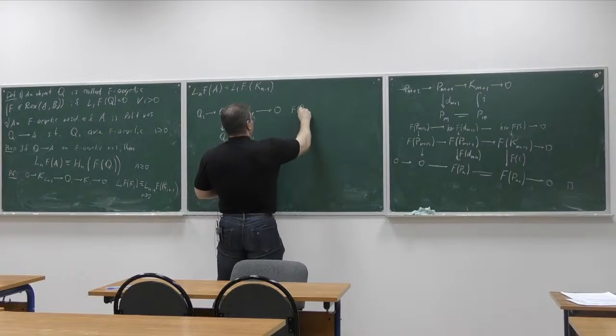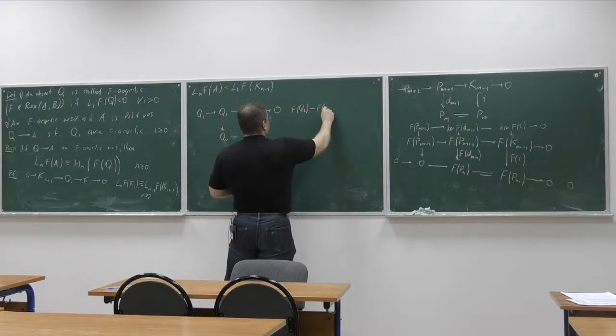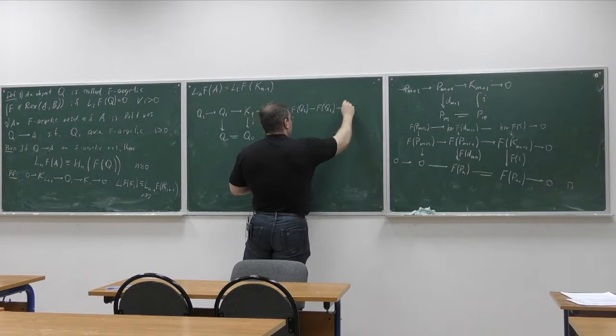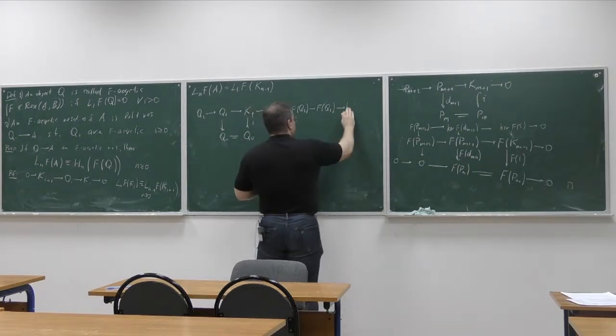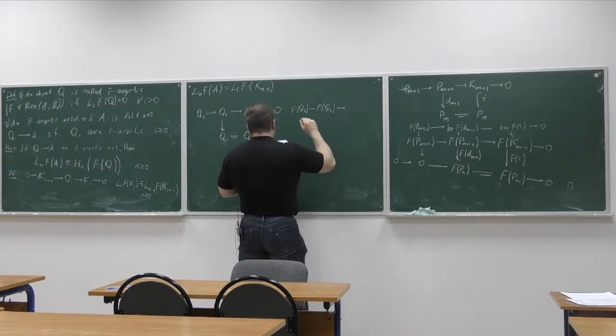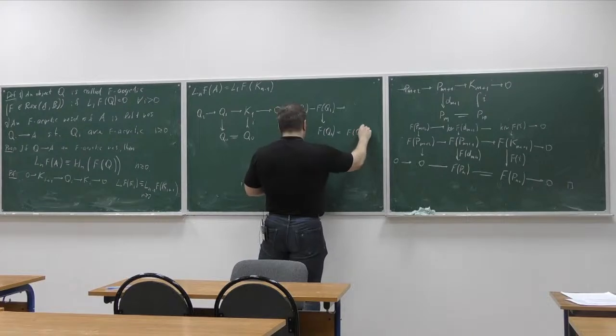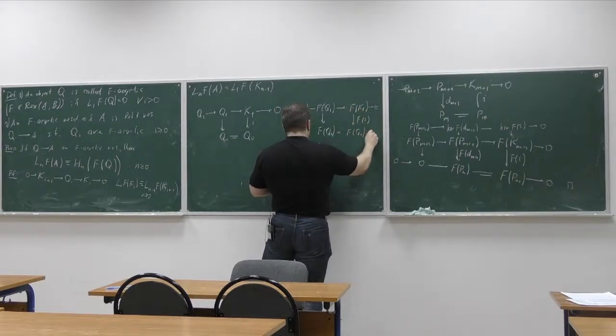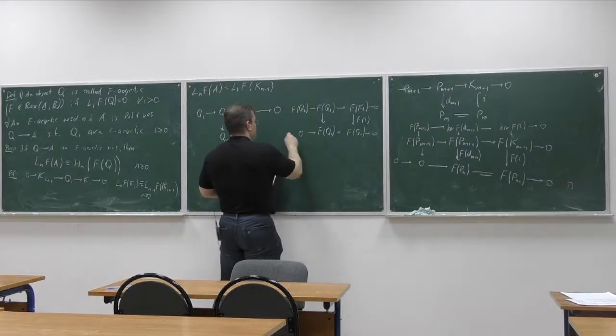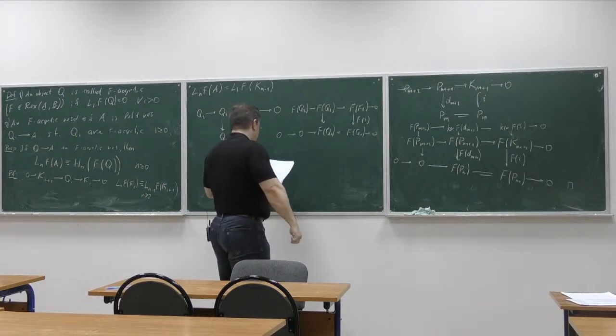F of Q2, F of Q1, so then I'll have F of Q0, F of the embedding, F of K1. Again, I'm adding additional zeros to use the snake lemma.